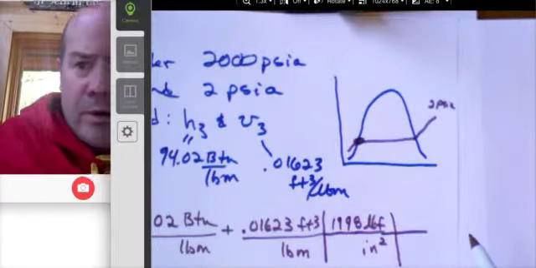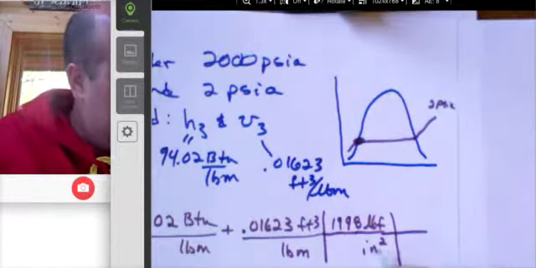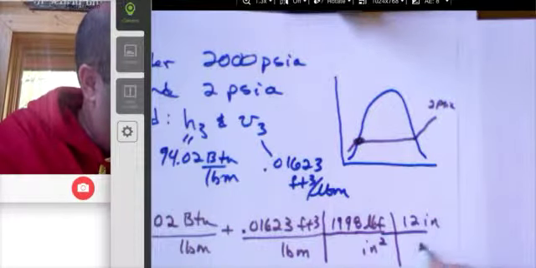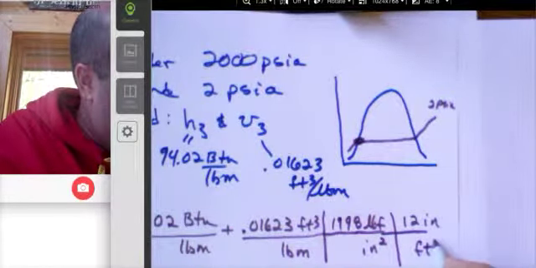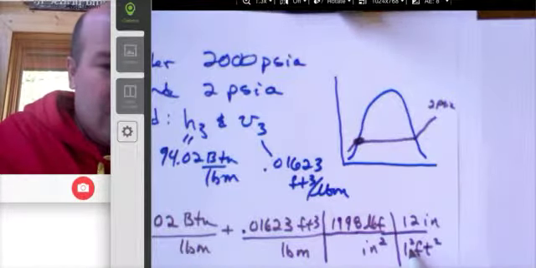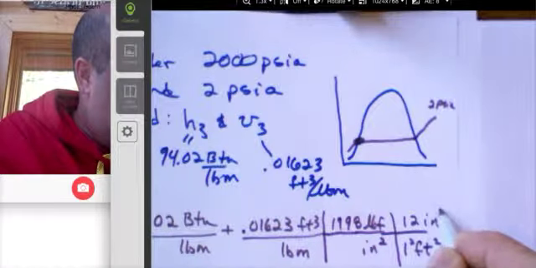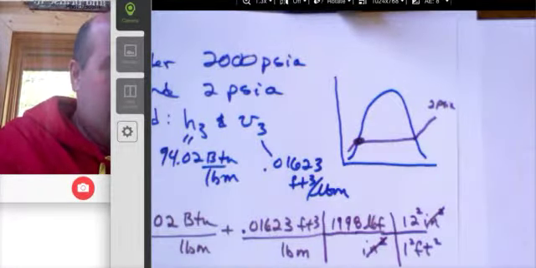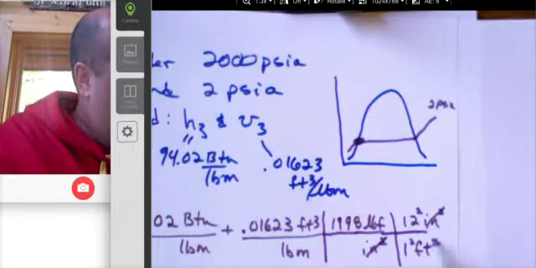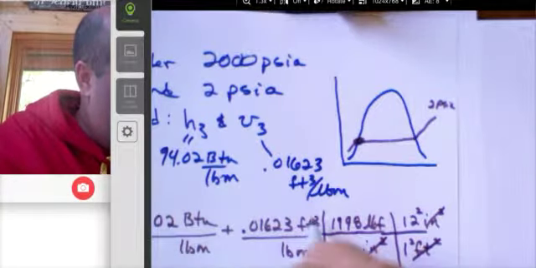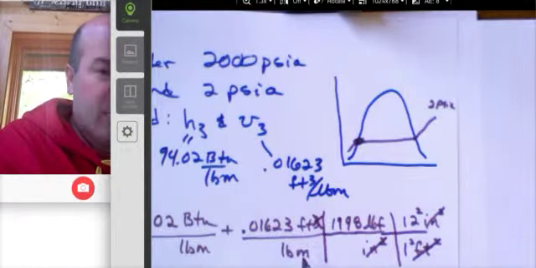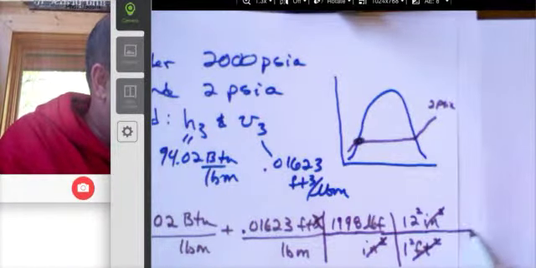First thing we need to get rid of are those inches squared. So 12 inches is a foot. If I square the foot, and the 1 and the inch and the 12, I can get rid of my inches squared. And now look, we can cancel the feet squared with this feet cubed, and now we have foot-pounds per pound mass. Well, we need one more conversion factor.